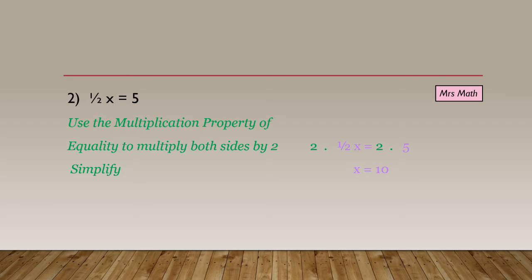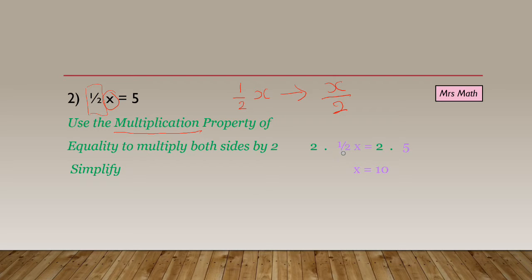Again, to isolate the x on the left hand side, we have to get rid of the multiplied half, or the division by 2. The inverse operation of division by 2 is multiplication. So we use the multiplication property of equality to multiply both sides by 2.